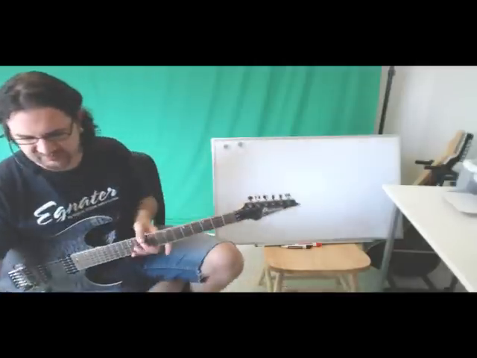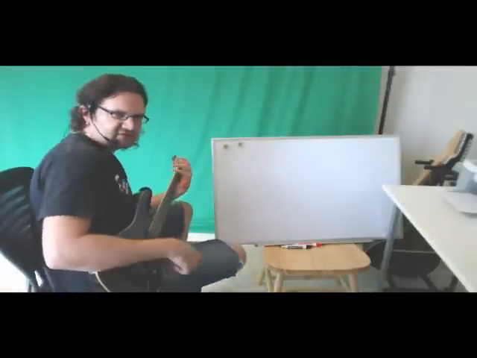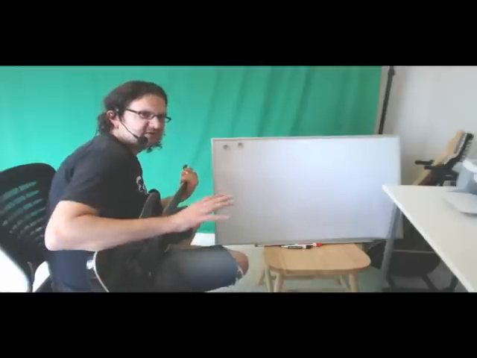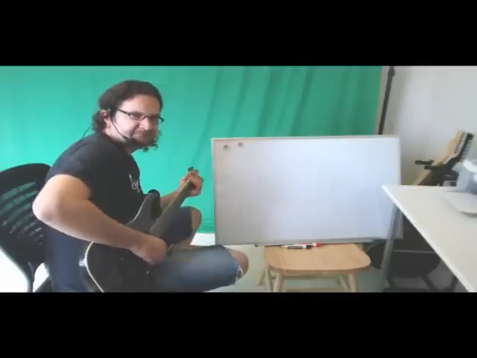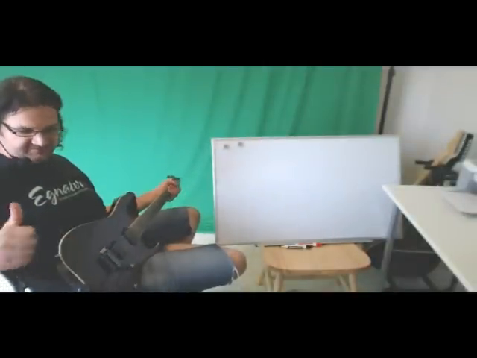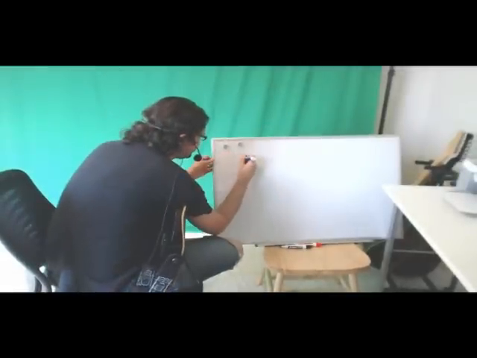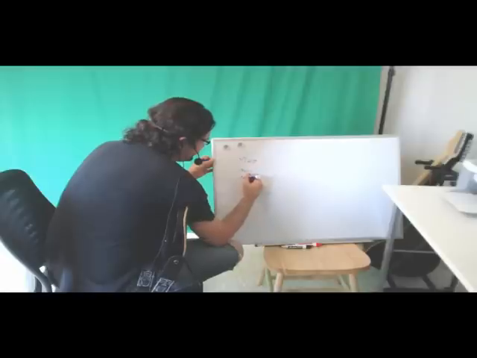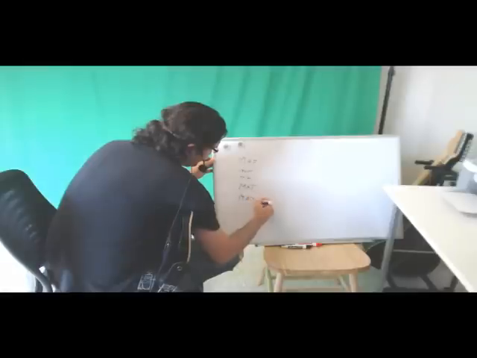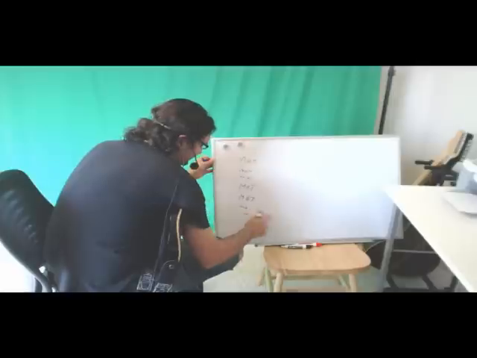So for example, are you familiar with the harmonization of a major scale? C major, D minor, E minor, F major. You familiar with that? It's just a little side note. Okay, great. So really we have something like this: major, minor, minor, major, major, minor, and half diminished, really.